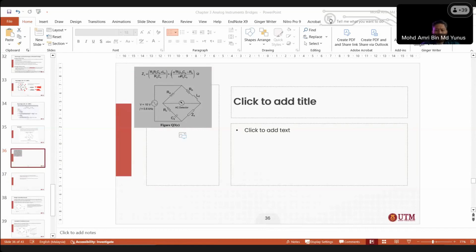Okay, so test one covers chapter 1 until today, which is 18 April 2024.